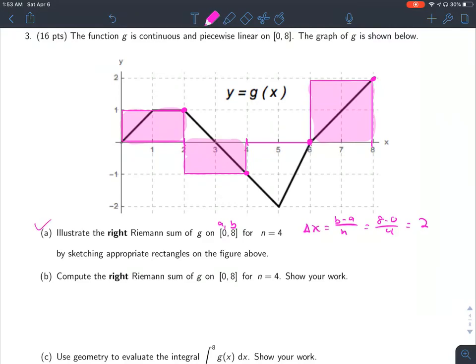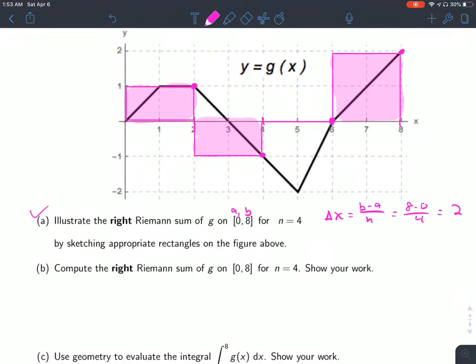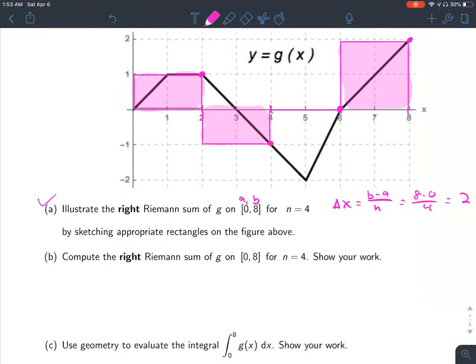Part B, compute the right Riemann sum of g from 0 to 8 for n equals 4. Show your work.